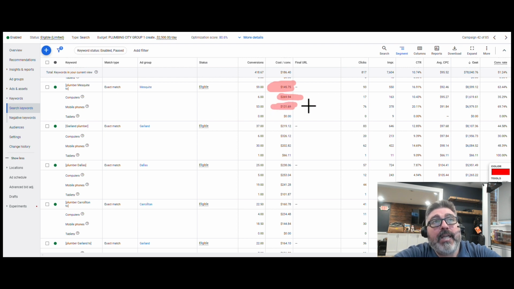So I get way better efficiency on mobile phones than I do on a computer search. I have way better response rates, and I have a much higher conversion, almost double the conversion on mobile, and a reduction of about half on mobile as well on a cost per lead basis.